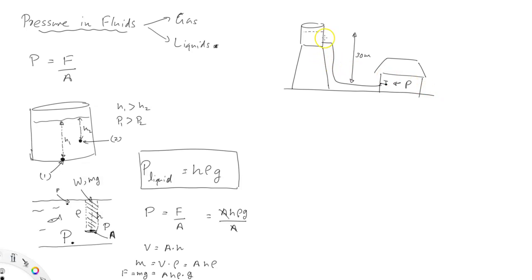Now, an important thing about liquids, these connecting lines don't need to be straight lines. They can have any number of bends, any number of angles, that's fine. What matters is the direct height. So for example, if you have a water tank and then you place the faucet right under it, this is the faucet.